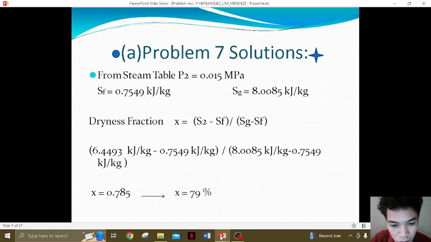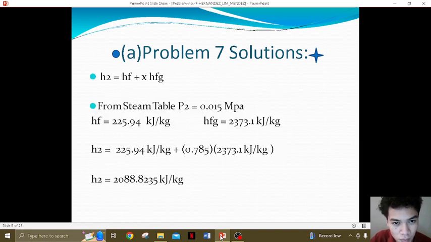or the percentage of X is equal to 79%. Here, H2 is equal to HF plus the dryness fraction times HFG. From the steam table, at pressure 2 equal to 0.015 megapascal, your HF is equal to 225.94 kilojoule per kilogram, and your HFG is 2373.1 kilojoule per kilogram.